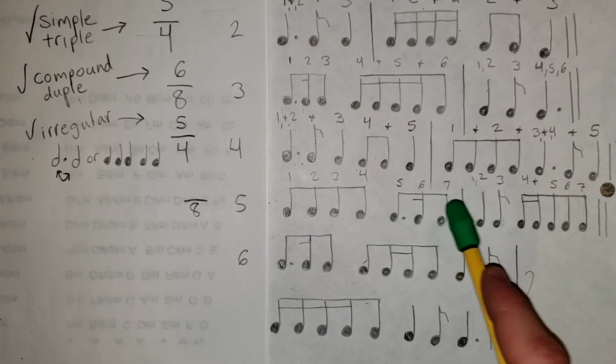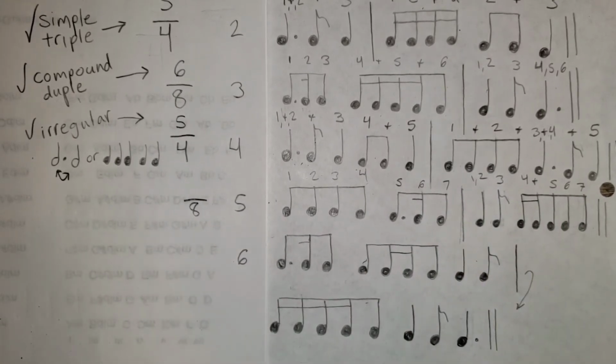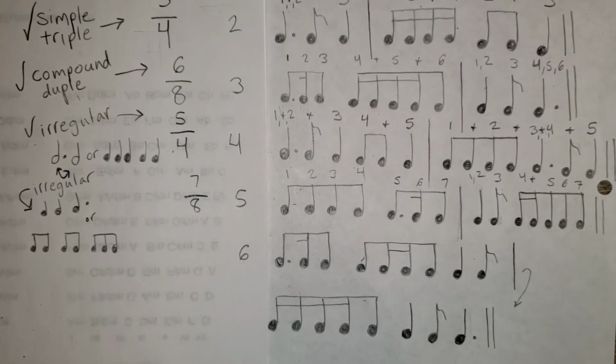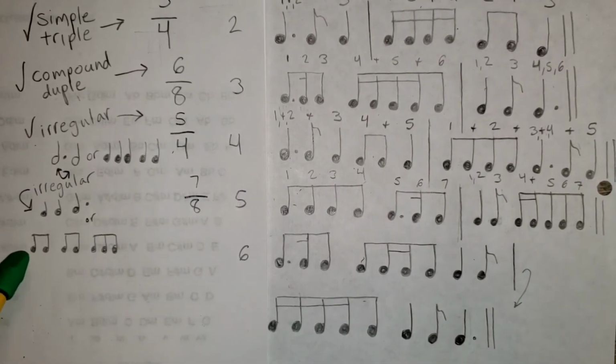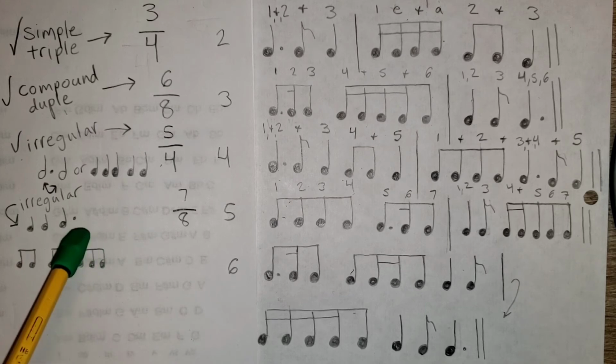We have 7 beats, and we have 7 eighth notes, because we're looking at 8. So 7/8 is an irregular time signature, which has the pulse of 2 eighth notes, 2 eighth notes, and then 3 eighth notes in any order, or the actual pulse can be written like quarter note, quarter note, dotted quarter note.